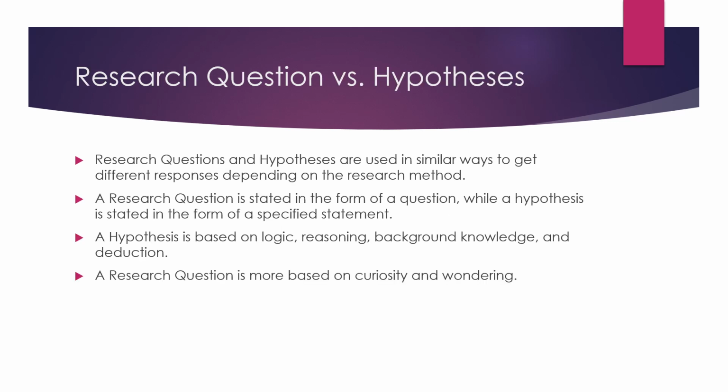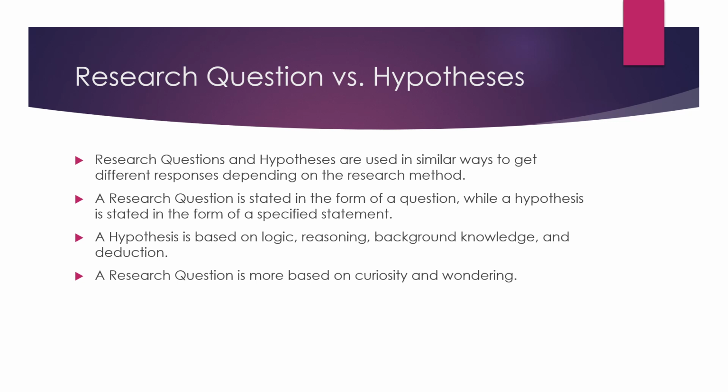Research questions versus hypothesis. Research questions and hypotheses can be deceptively complex because they can be mistaken for each other. They're used in similar ways to get different responses depending on the research method that's being used.